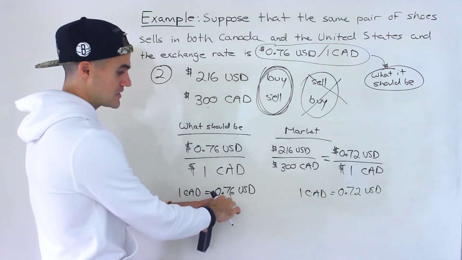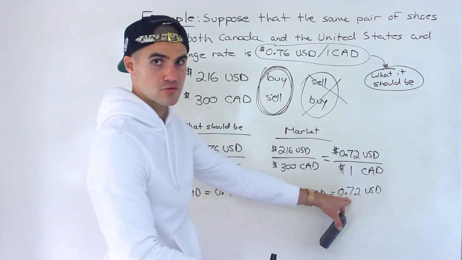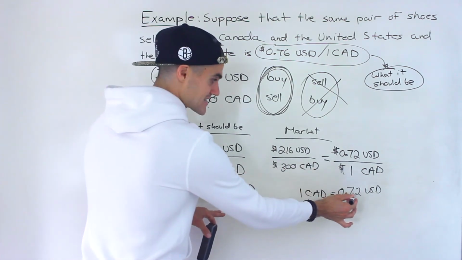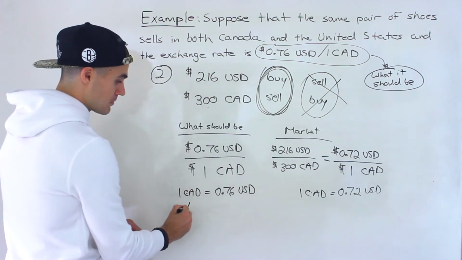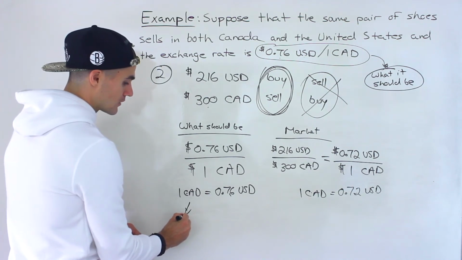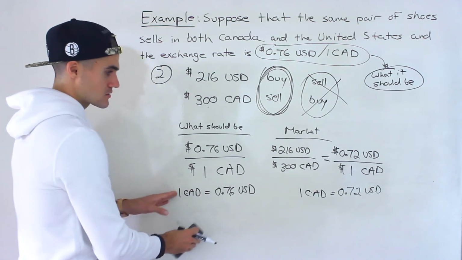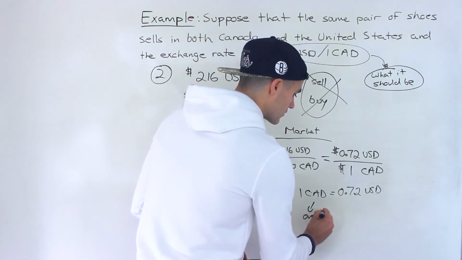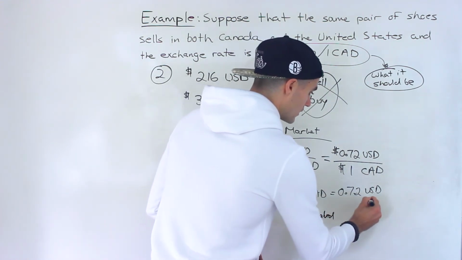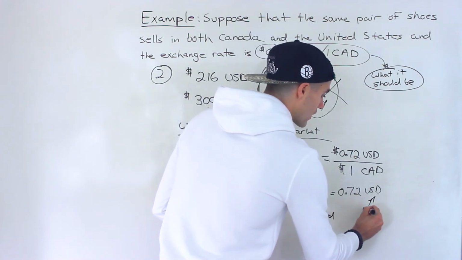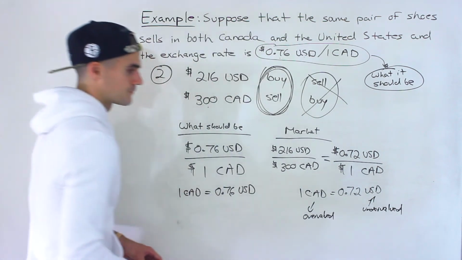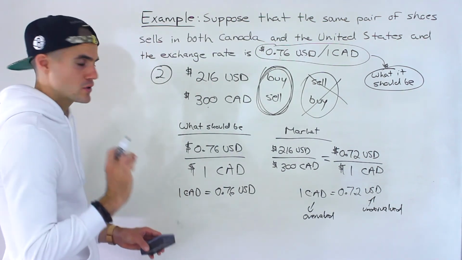It should give us 76 cents, but it's giving us 72 cents. And so the CAD is giving us less than it should, which means that it is overvalued. Sorry, not here. This is what actually should be. So over here, the CAD is overvalued, which simultaneously means the USD is undervalued. Right? You kind of intuitively think about it.